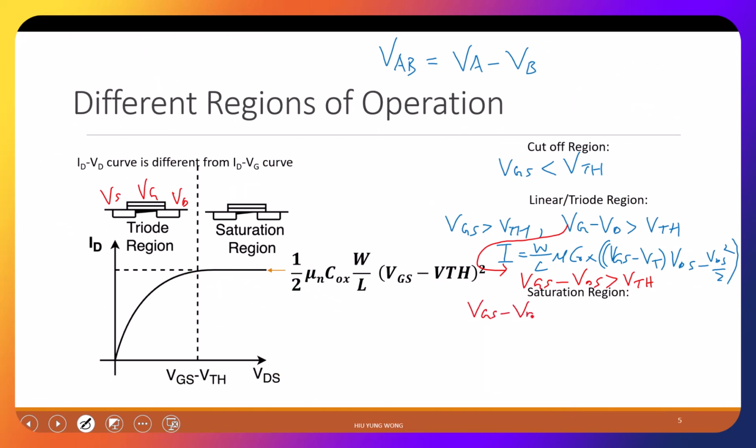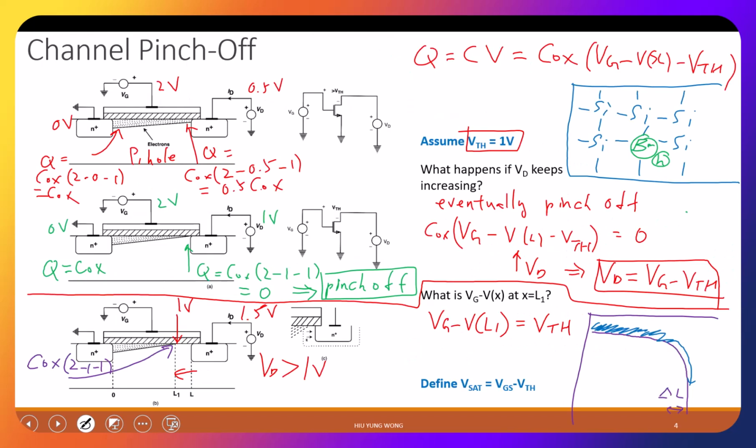So because of this, when VGS minus VDS is larger than or equal to VTH, I have a constant current, which is I equals W on L mu C ox times (VGS minus VT). At that point, when it just pinches off, I know that VG minus VD equals VTH.